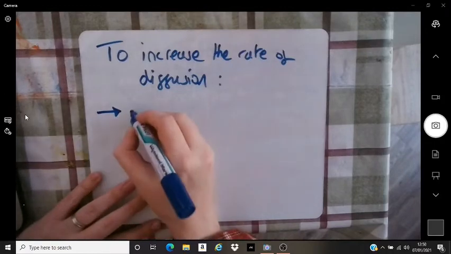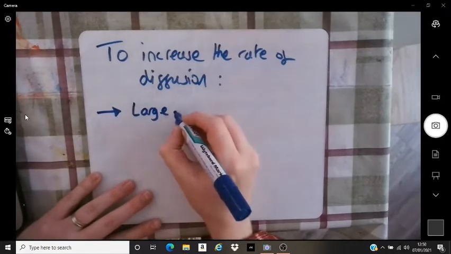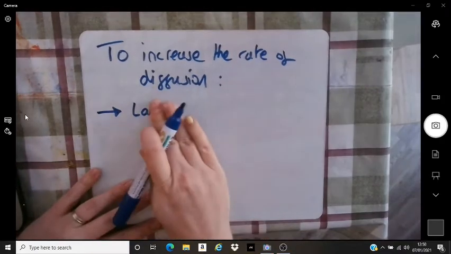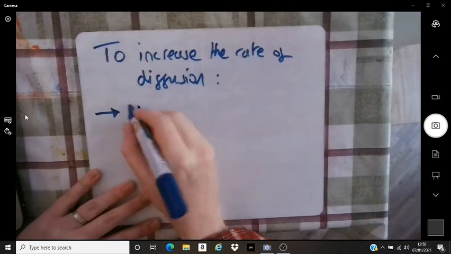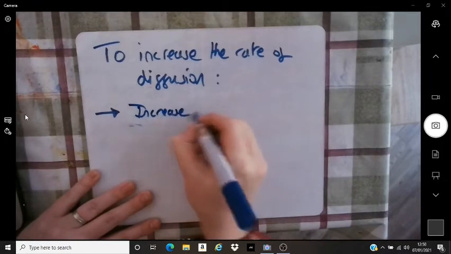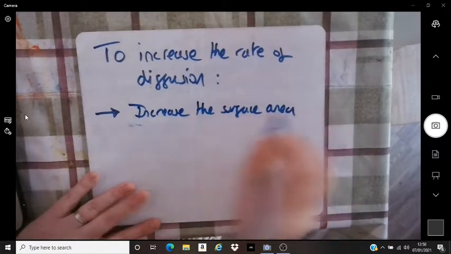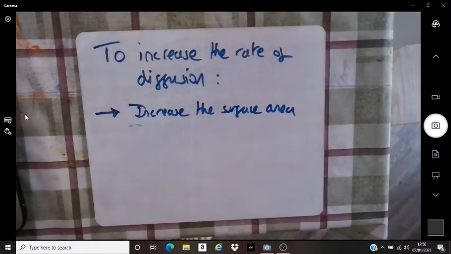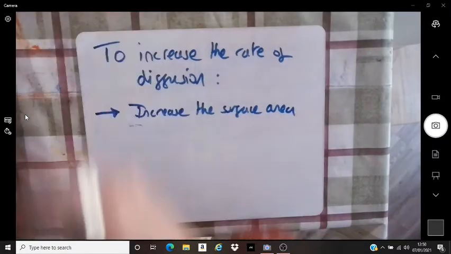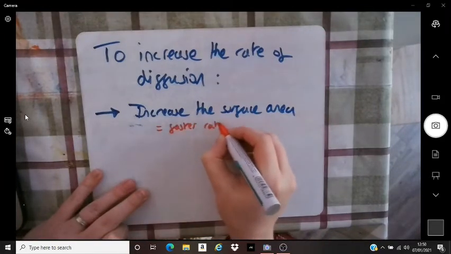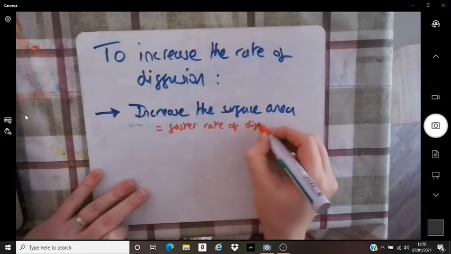I know that I want as large a surface area as possible. So if I want to increase the rate of diffusion, I want to increase the surface area. If I increase the surface area, I'm going to get a faster rate of diffusion.